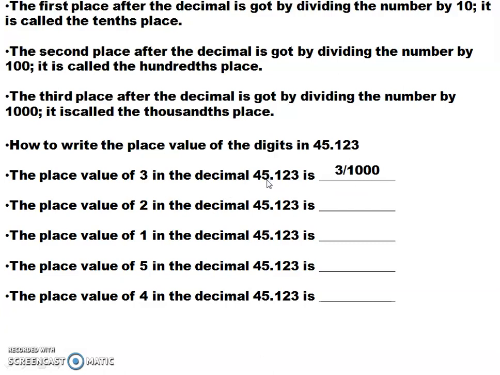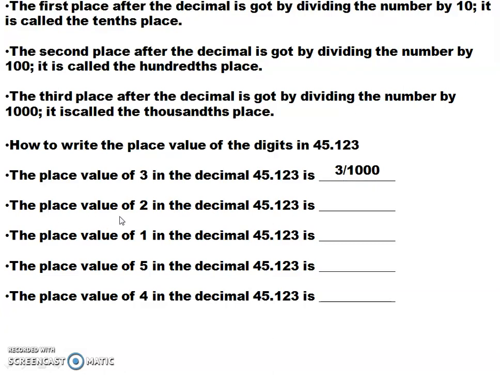Here you can see this is ones, this is tens, this is tenth, this is hundredth, and this is thousandth. So the place value of 3 here is 3 by 1000.